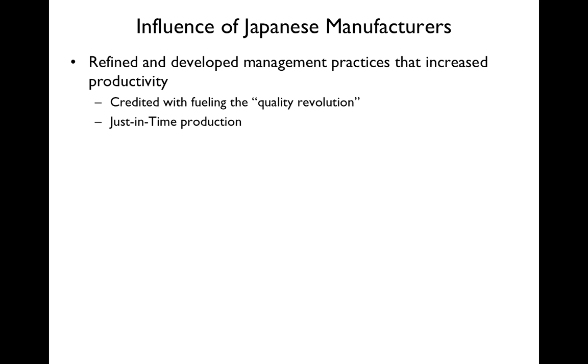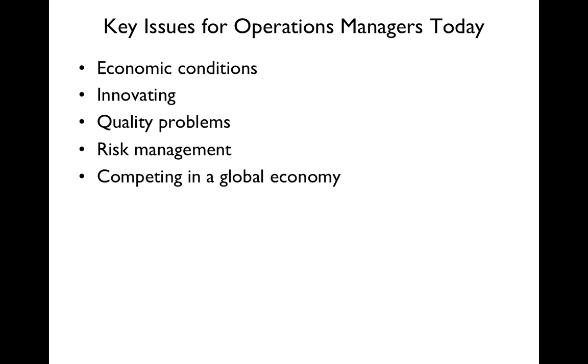The Japanese had a huge influence on quality, and they're credited with the quality revolution, and they also really started this concept of just-in-time production. So some of the key issues for operations managers today are economic conditions. Is the economy going up? Is it going down? How do I use that to predict?